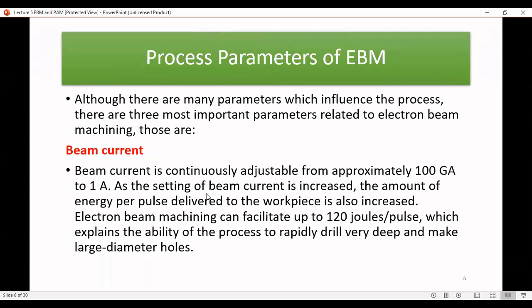As the setting of the beam current is increased, the amount of energy per pulse delivered to the workpiece also increases. So current controls and dictates the amount of energy per pulse, because if you remember, energy is a product of voltage and current. An electron beam machine can deliver up to 120 joules per pulse, which explains the ability of the process to rapidly drill very deep, large diameter holes.